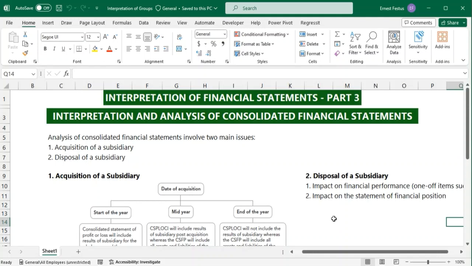So you can be given a 20-mark interpretation question, which involves a parent and one or more subsidiaries. If that is given, then you will have group financial statement issues that have to be analyzed differently than the single entity financial statement.